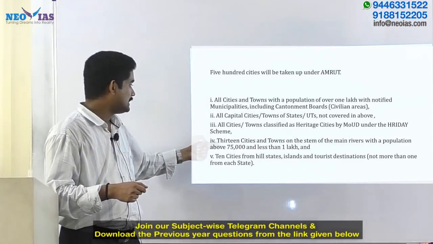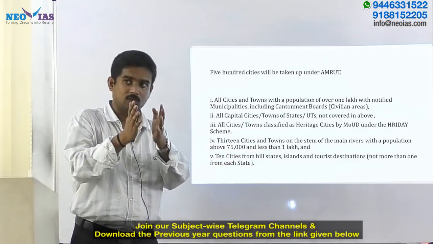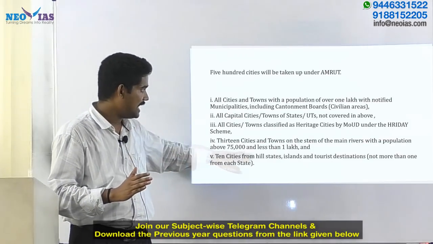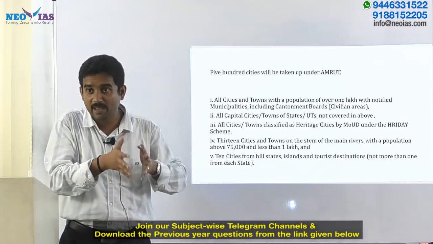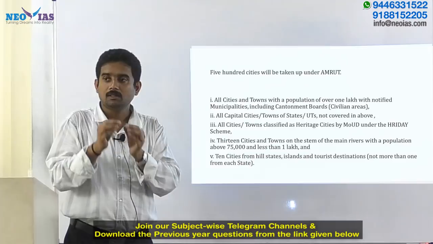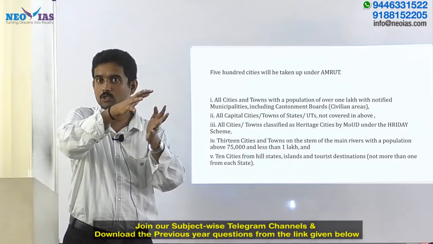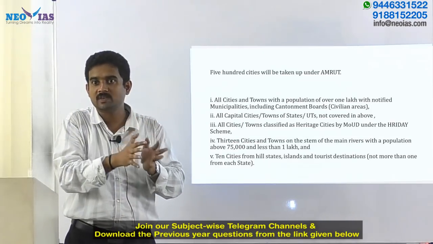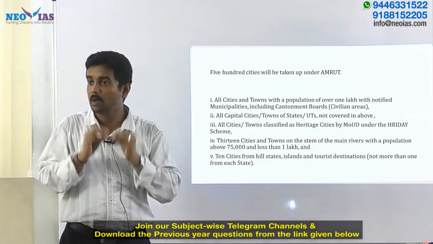Then 13 cities and towns on the stem of main rivers with a population above 75,000 and less than 1 lakh. So the cities along the stem of main rivers, again to ensure that there is no sewage disposal happening from the cities into the river. So there should be a proper channel for the sewage to flow, which is again taken care of under the initiative of Amrut.